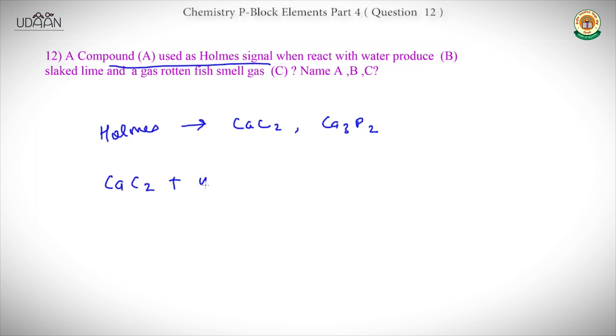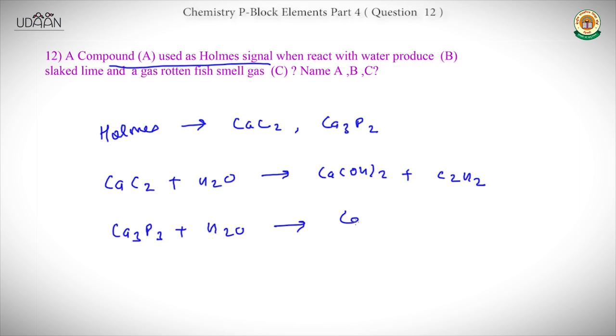Let's see. It is given that slaked lime will be the product, means calcium hydroxide will be the product, and C2H2 will be produced when it reacts with calcium carbide, and when it reacts with calcium phosphide, then we will get Ca(OH)2, means it is slaked lime, and we get PH3.